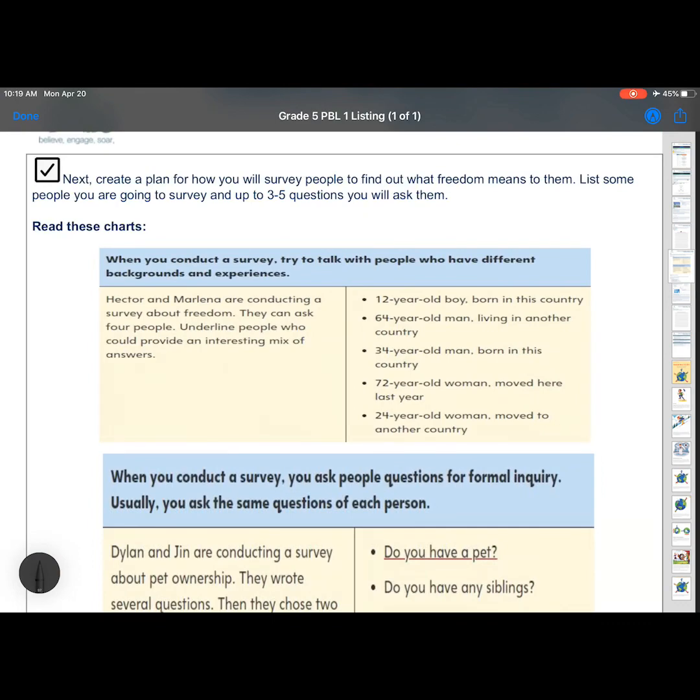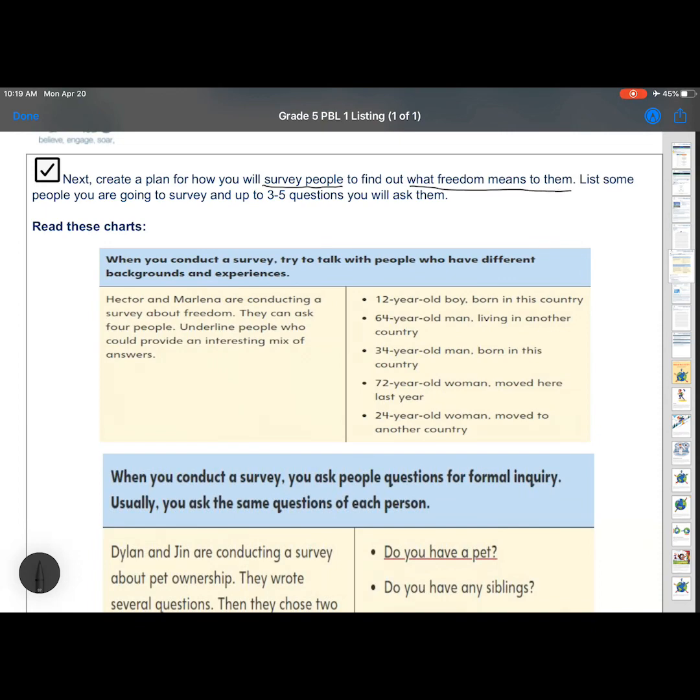Let's look at this next one here. It says, next, create a plan for how you will survey people to find out what freedom means to them. Okay, so create a plan, and really, guys, you're going to be surveying people, and you're going to be asking them questions about what freedom means to them.